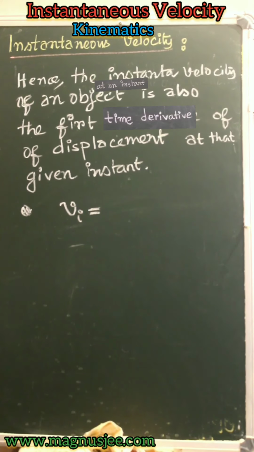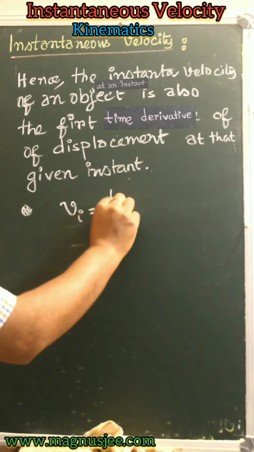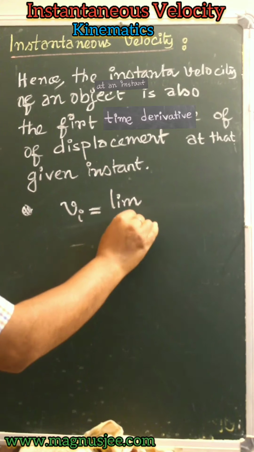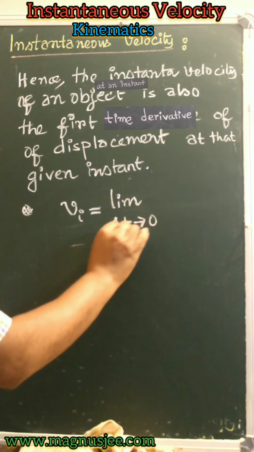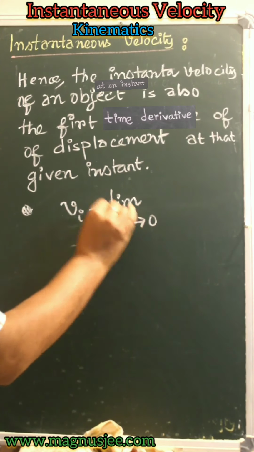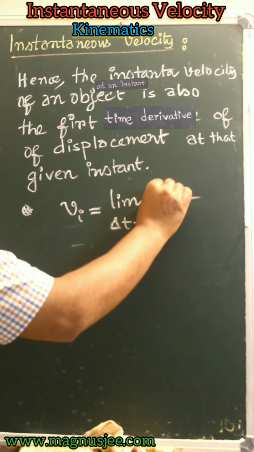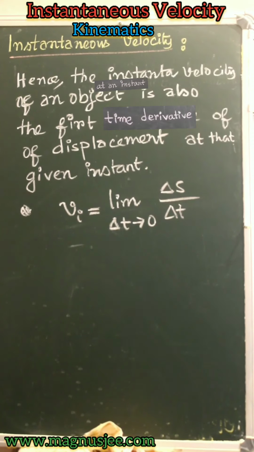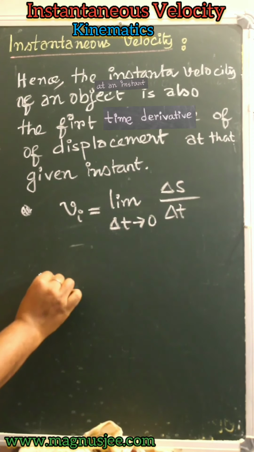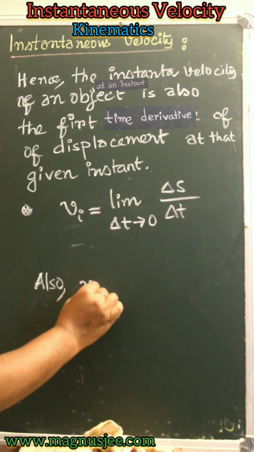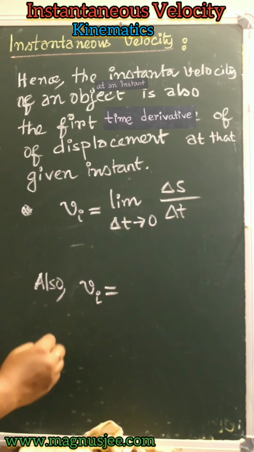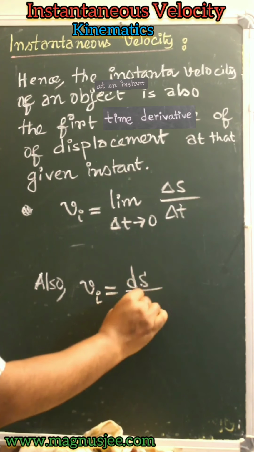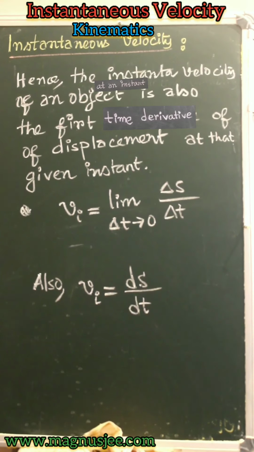Vi has two expressions mainly. Vi equals the limit as delta t tends to 0 of delta S by delta t, where delta S is a small displacement and delta t is a small interval of time. Also Vi equals dS by dt.